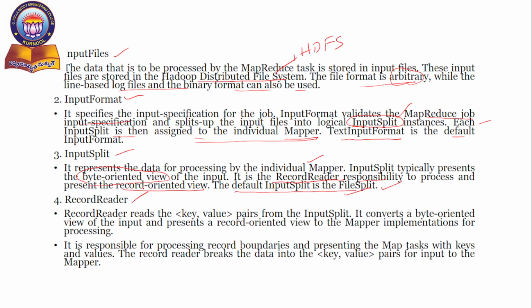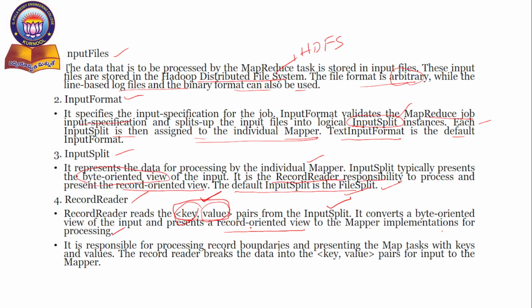Now, record reader. The record reader reads the key comma value pair. So this is very important. Whenever we talk about a MapReduce task, the input data and output data will be in this format only, the key and the value. So the record reader reads the key comma value pairs from the input split. The input split will contain this key comma value data. It converts a byte-oriented view of the input and presents a record-oriented view to the mapper implementations for processing.